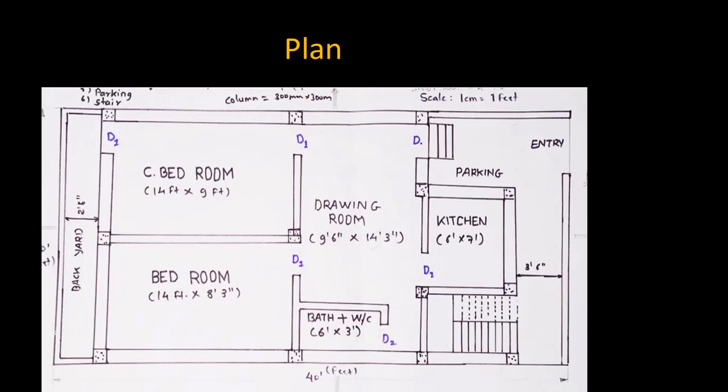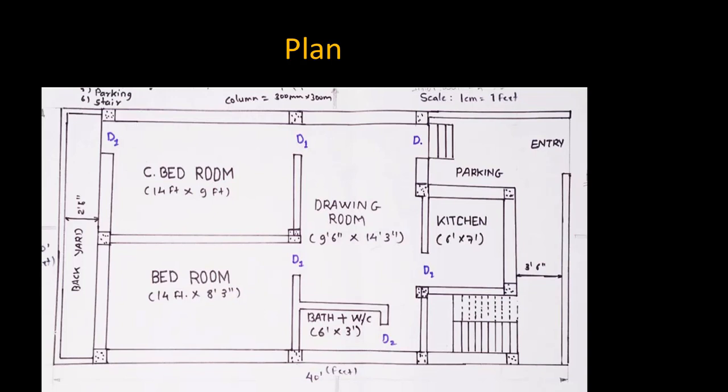Now what is the difference between a sketch and a plan? Because both of them are drawings. The first difference is that a sketch is drawn without a scale, whereas a plan is drawn to a scale.